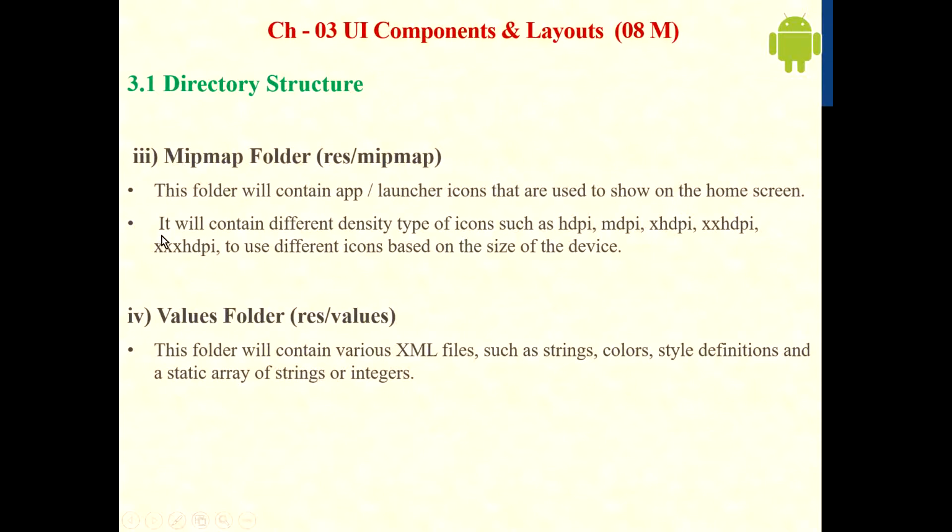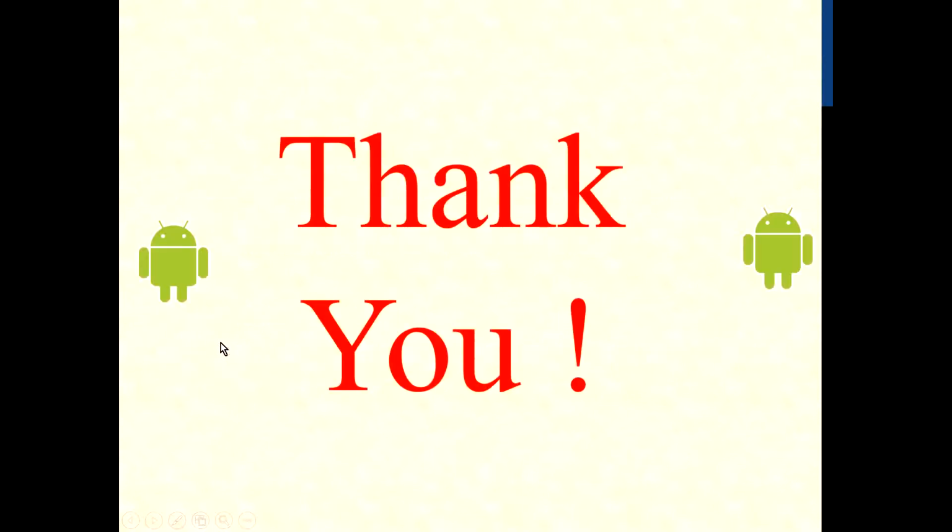Second point, it will contain different density types of icons such as HDPI, MDPI, XHDPI, XXHDPI, XXXHDPI to use different icons based on the size of the devices. Then the next one, the values folder. This folder will contain various XML files such as strings, colors, style definitions, and a static array of strings or integers. So strings, colors, styles are defined in the values folder.